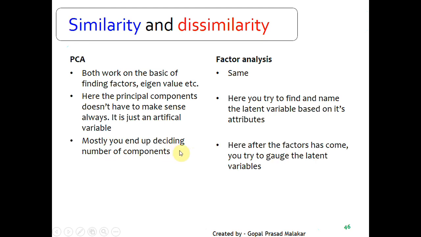However, in factor analysis, once the factor has come, your job does not stop there. You try to gauge which latent variable it is. You look at which variables are loading heavily on those factors, and then you give a name to the latent variable, because you are trying to understand what this factor is, what this latent variable is.